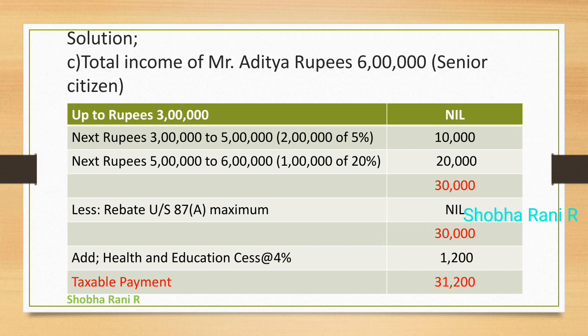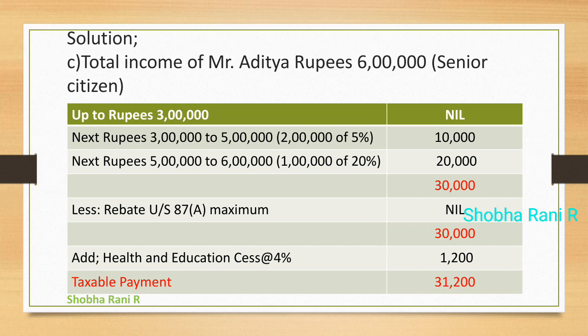Next, 5 lakh to 10 lakh rupees is 20%, but the assessee's total income is only 6 lakh, hence we have to take the difference of 5 lakh to 6 lakh. The difference amount is 1 lakh. On 1 lakh, 20% comes to 20,000. The total amount is 30,000.